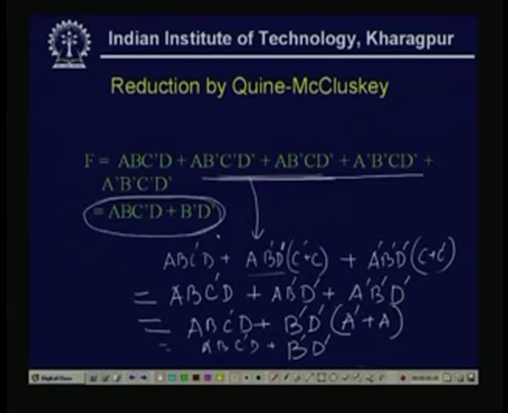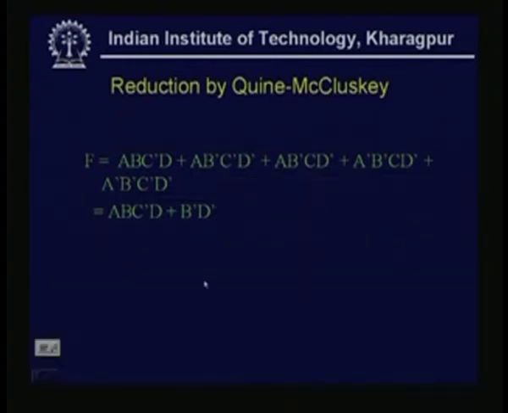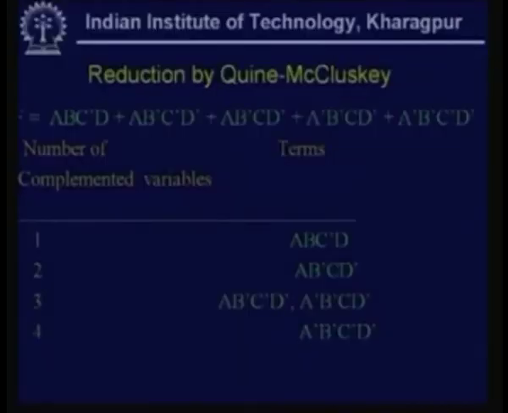Now, we see if I apply the Quine-McCloskey rule. First, what we are doing is applying the rule that we compute the number of complemented variables in the terms. Here there are 5 terms.